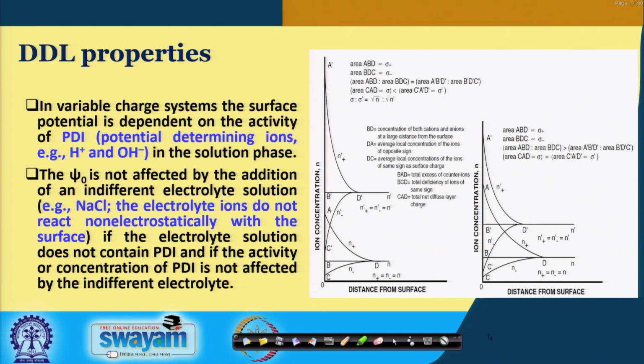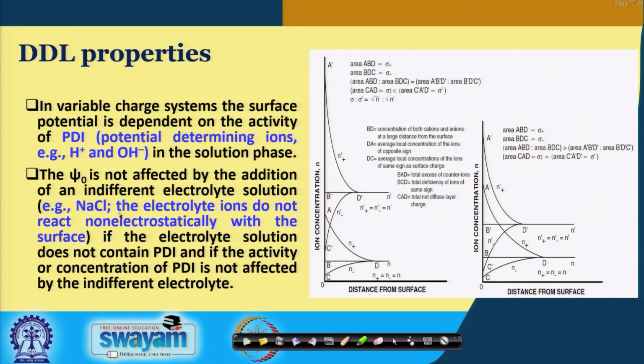If the electrolyte solution does not contain PDI, and the activity or concentration of the PDI is not affected by the indifferent electrolyte, then psi 0 is also not affected.